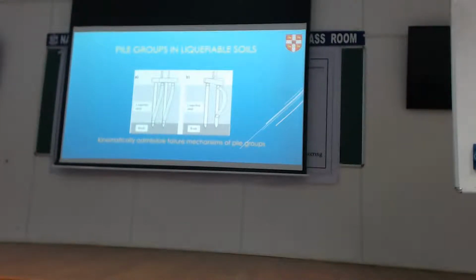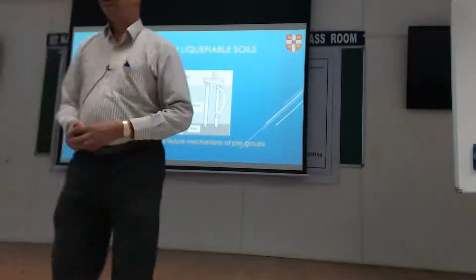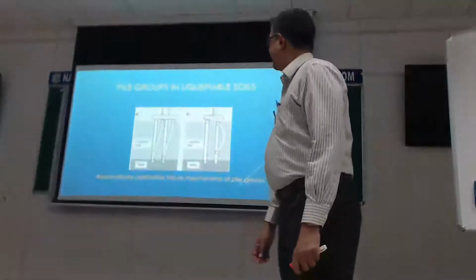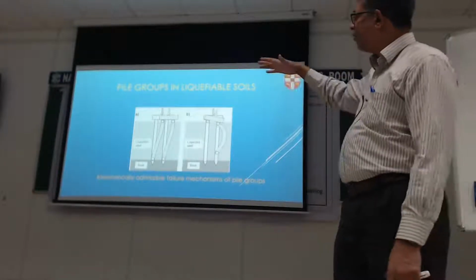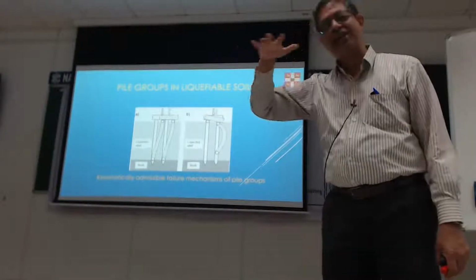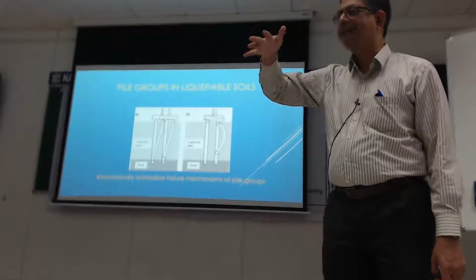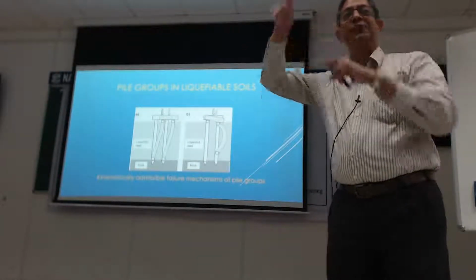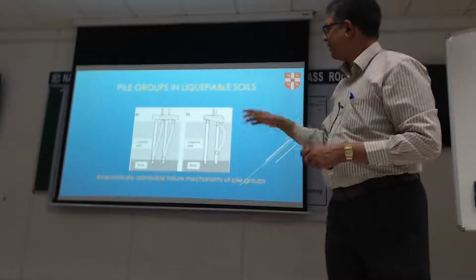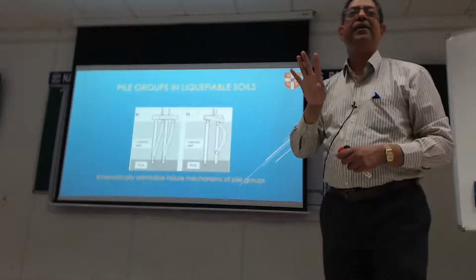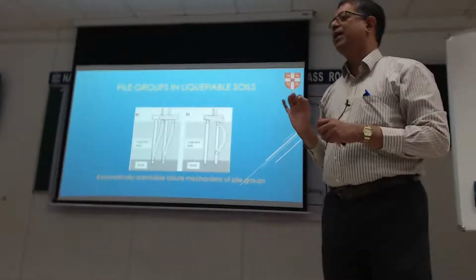And this is where it's important that we understand kinematically admissible mechanisms. Now, if I have a 2 by 2 pile group and I draw the cross section of it, it is possible, if I allow the pile cap to translate but won't allow it to rotate because it has rotational stiffness coming from the superstructure, as I discussed yesterday, then you will have a 4-pin mechanism, which will be kinematically admissible.